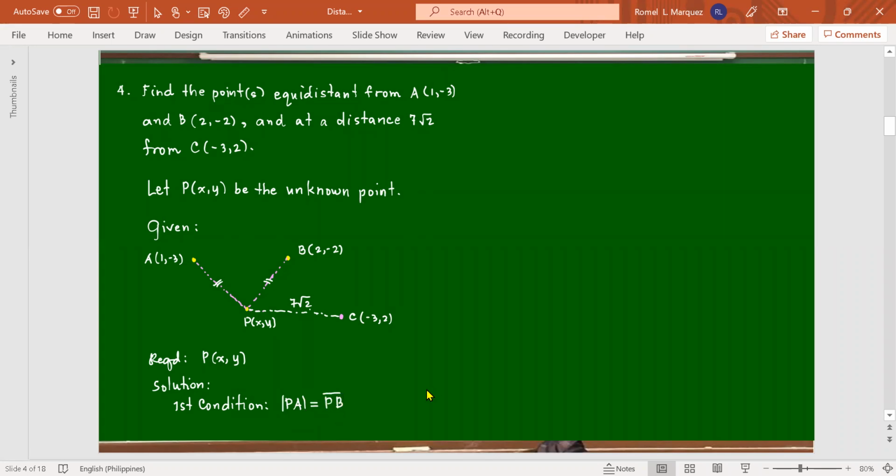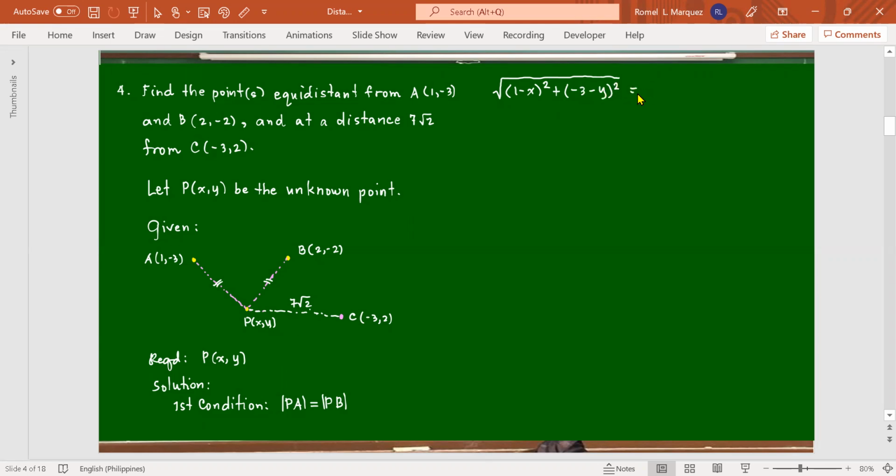Okay? So P going to A is equal to P going to B. Is that clear? So that's the first condition. Getting the distance between P and A, we have 1 minus X, or X minus 1 if you want, 1 minus X quantity squared plus negative 3 minus Y quantity squared.